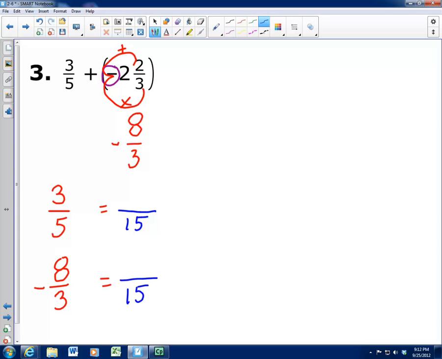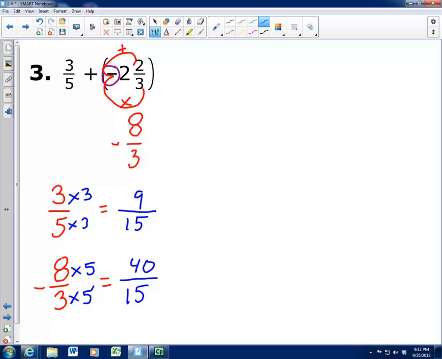Okay, now I know that 3 times 5 gets me 15. So I have to do 8 times 5 to get my numerator, which is 40. And I know that 5 times 3 gives me 15. So 3 times 3 gives me 9. Okay?